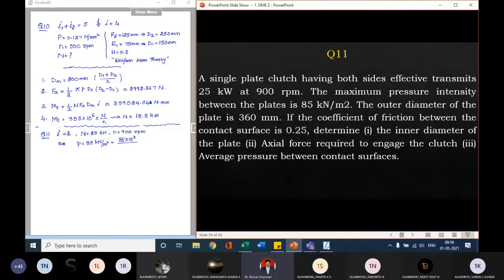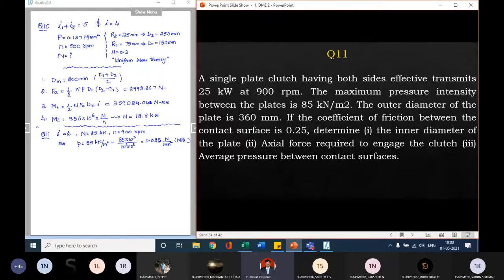For 1 meter it is 10 power of 3, so for meter square it is 10 power of 3 into 10 power of 3. So it will be equal to 0.085 Newton per mm square. Newton per mm square is also called megapascals. It is 0.085 megapascals.